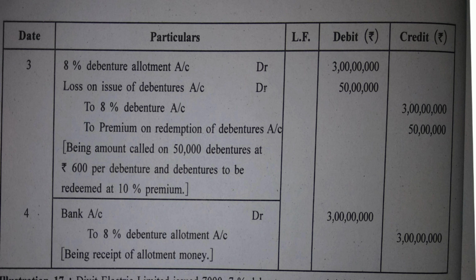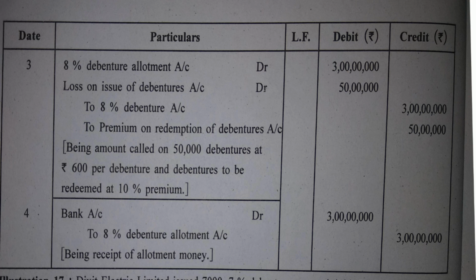To 8% debenture account, 3 crore again. To premium on redemption of debentures account, 50 lakh. The amount received on allotment 3 crore is transferred to debenture, 3 crore. Loss on issue of debentures 50 lakh is the liability, which is premium on redemption of debentures account. Alright? Okay then.